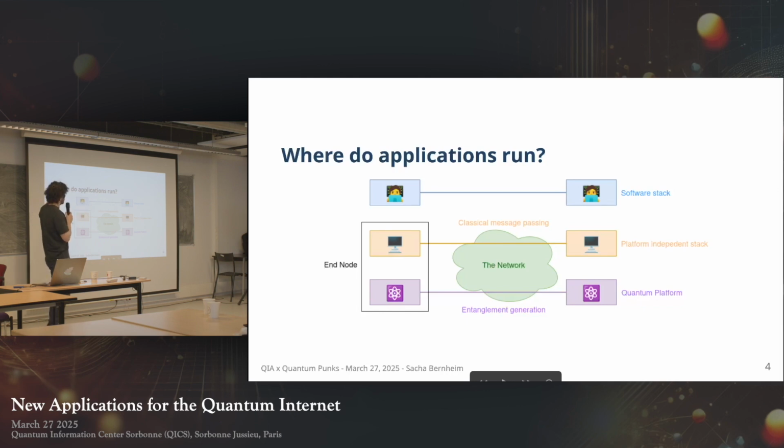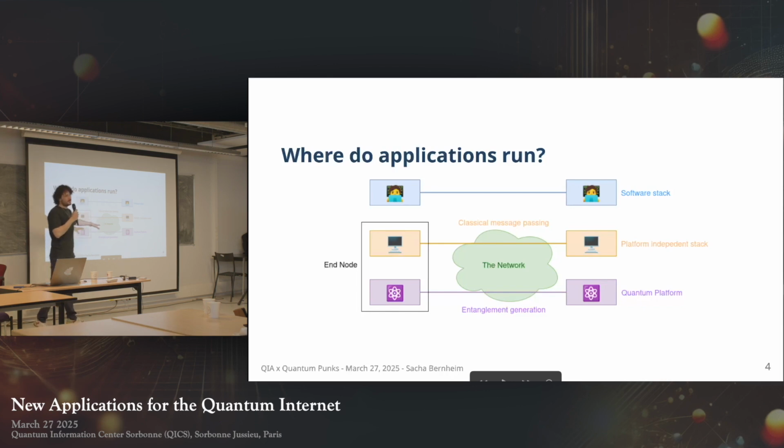And on top of that, we want to put our software stack. The role of this, so it's not a black box, it's a green cloud of the network, is to be able to generate entanglement between any two nodes, any two end nodes in the network.